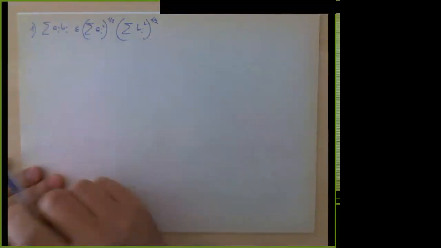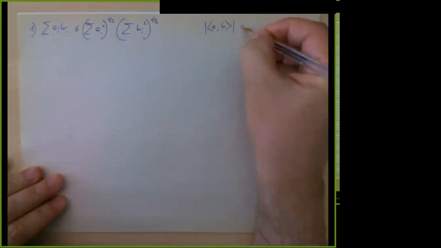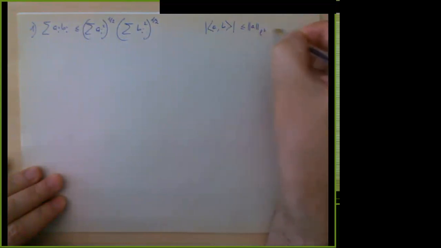So I just recalled here the formulation of the Cauchy inequality for sequences, as we know that we had also a slightly more abstract formulation written in these terms.